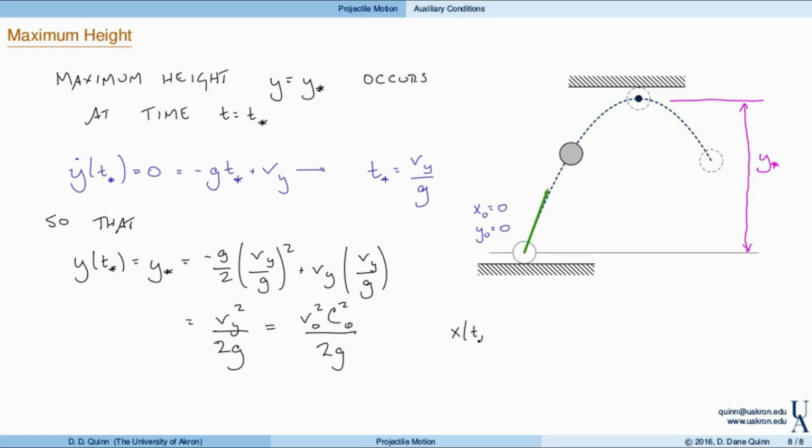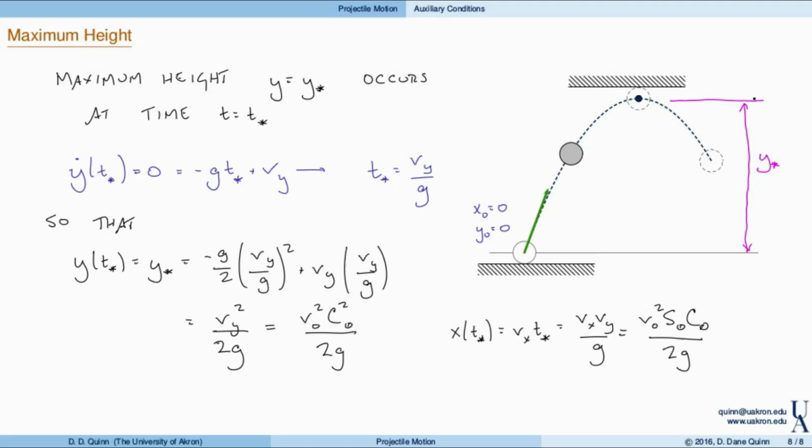So x at t star is equal to vx times t star, and here that becomes vx vy over g, because again t star is vy over g, or in terms of the speed and inclination of the initial velocity, v naught squared sine theta cosine theta divided by g.